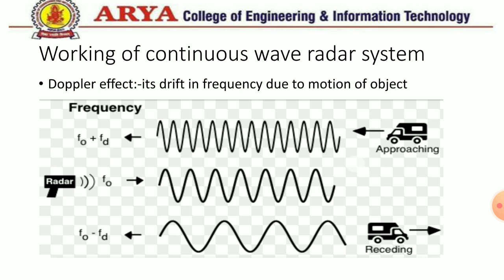Here we can clearly see if the target is moving towards the radar system, there will be an increase in frequency, and if the target is moving far from the radar system, there will be a decrease in frequency. This drift in frequency happens because of the motion of the target, and that is called the Doppler effect. Based on this drift in frequency, we can identify the velocity of the object.